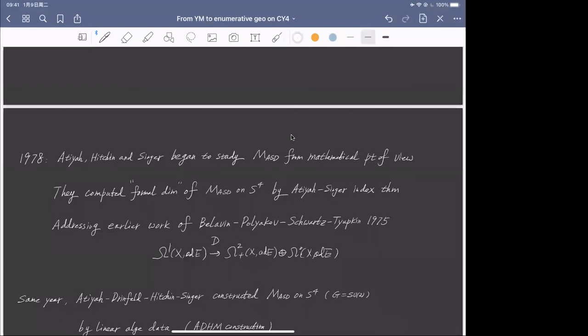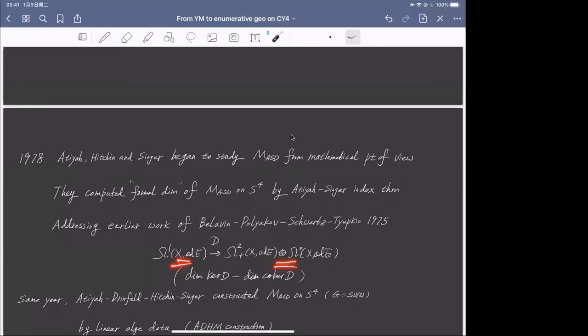So the formal dimension is basically the dimension of the kernel of this operator minus the dimension of the cokernel of this operator. By the ellipticity of this anti-self-dual equation, the kernel and the cokernel are finite-dimensional subspaces in here and here. So it makes sense to talk about their dimensions.